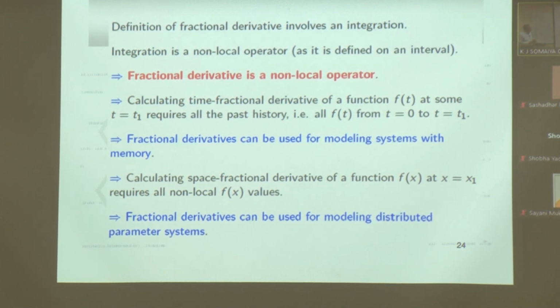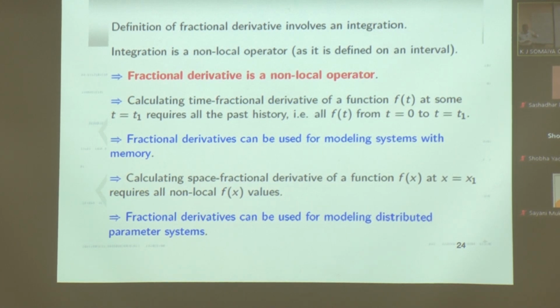The fractional derivative is a non-local operator. Normally, when we talk about derivatives, the neighborhood is under consideration and we take limits, and that mathematics is well known to you. But the fractional derivative is a non-local operator, and therefore calculating the time fractional derivative of a function at a particular point t equals t1 requires all the past history. So that's the reason it's a memory.